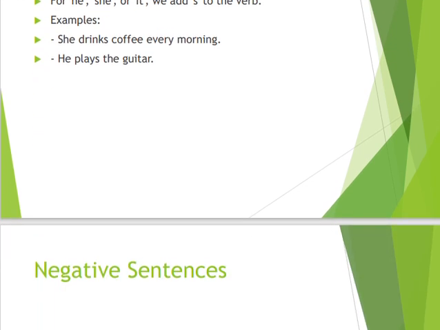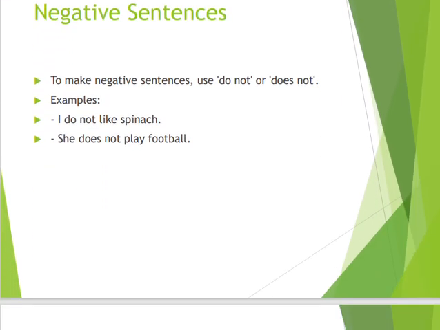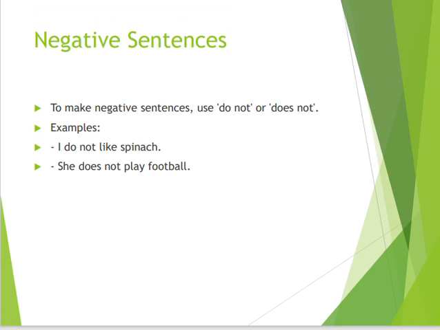What about negative sentences? To say that something does not happen, we use do not or does not. For I, you, we, and they, we use do not, or the short form, don't. For example, I do not like spinach.